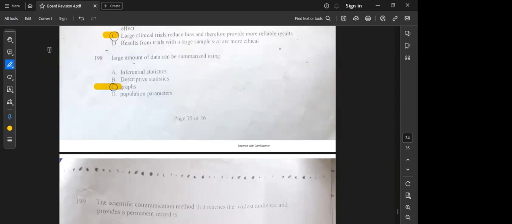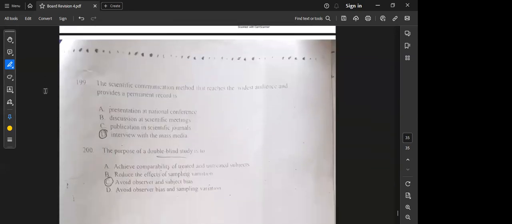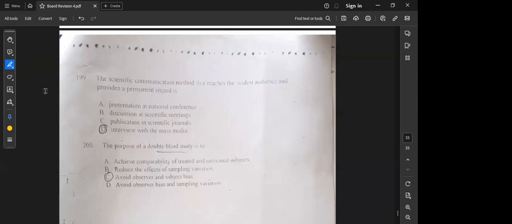So other measures include bar charts, histograms, standard deviation, mean, median. All that, even the graph, is under descriptive statistics, as he has mentioned. So we switch to descriptive statistics. Yeah, change to B. 198.